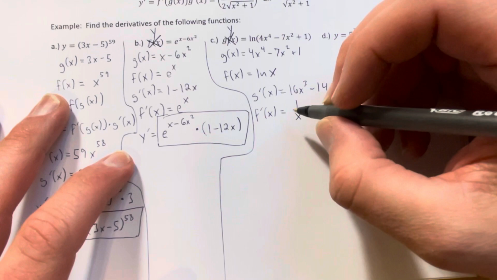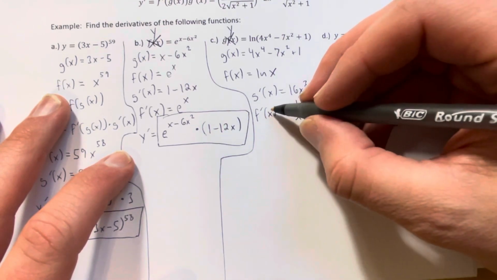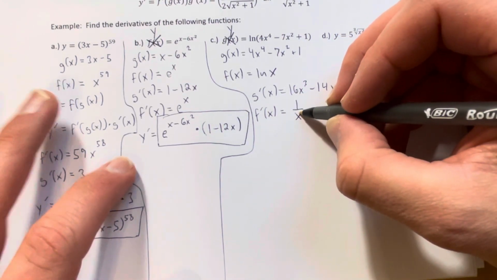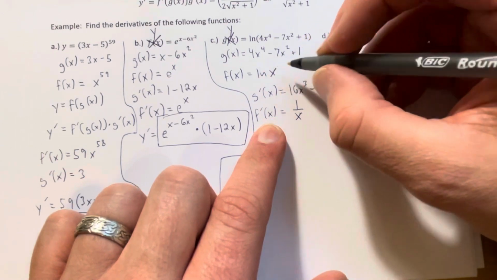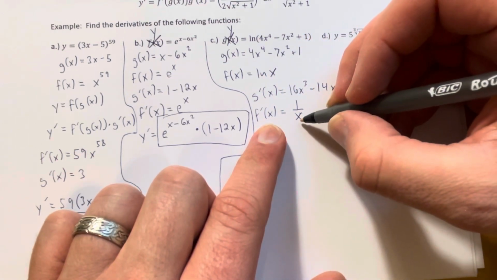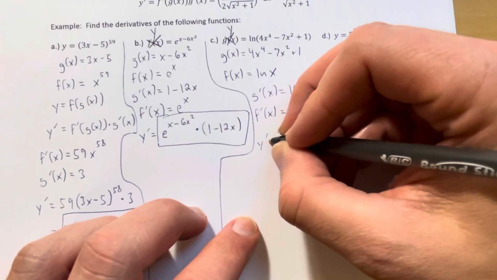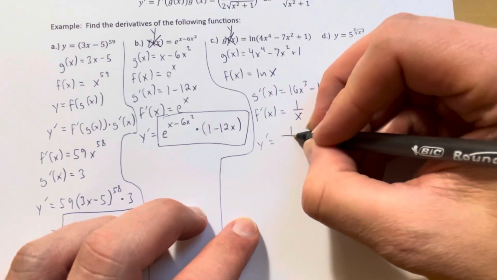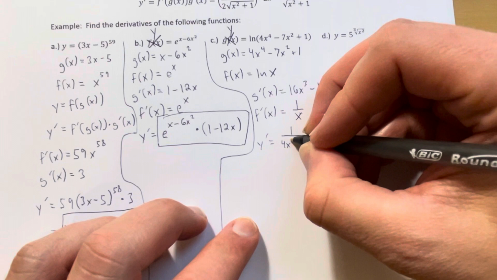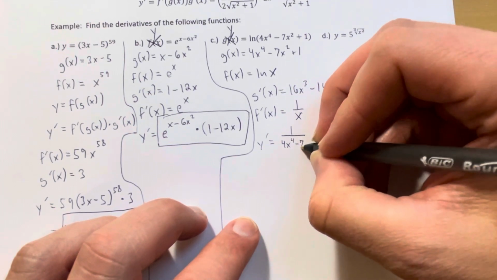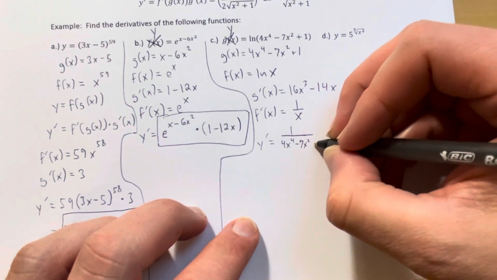The chain rule then would give me f prime, which is 1 over x, of g of x. So where the x is showing up in my denominator here, I'm plugging g of x in for that. So y prime is equal to 1 over 4x to the fourth minus 7x squared plus 1.